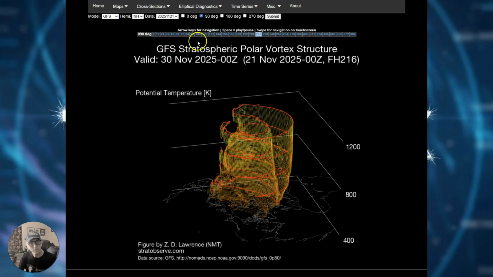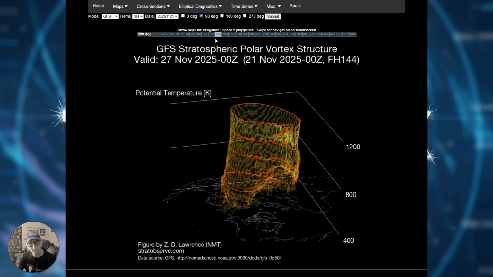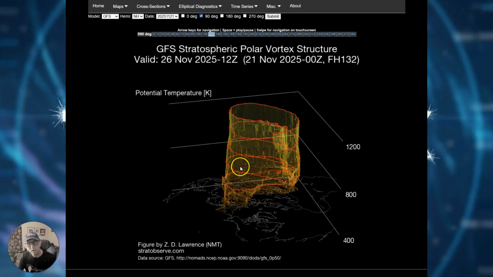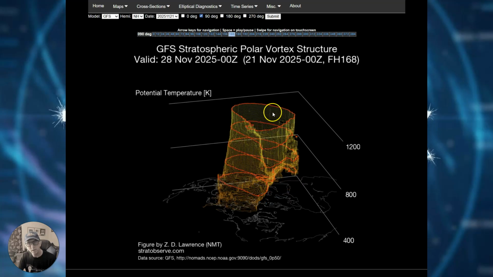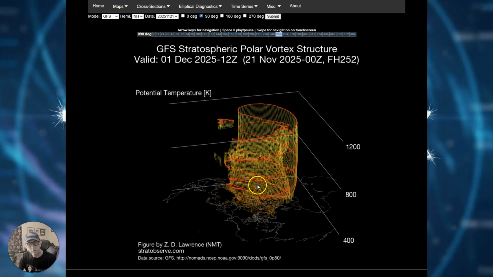So let me stop it here. You can see how it goes through time and how it loses some of its symmetry here, especially in this area. It's not even around anymore, right?